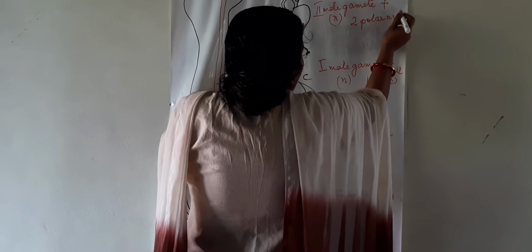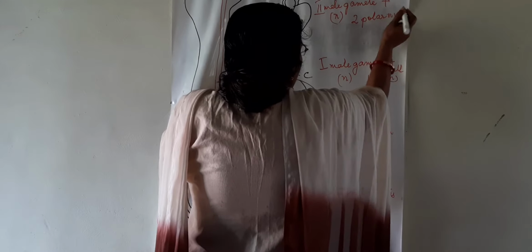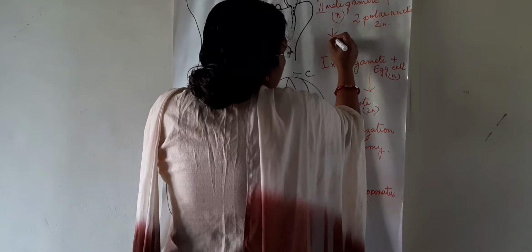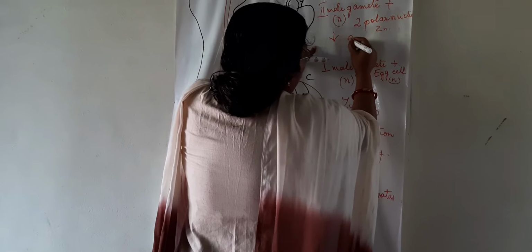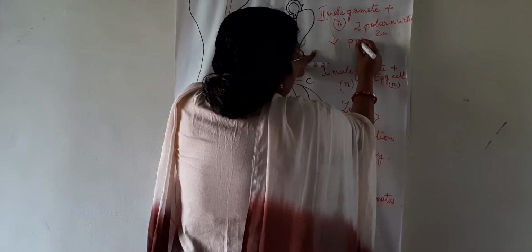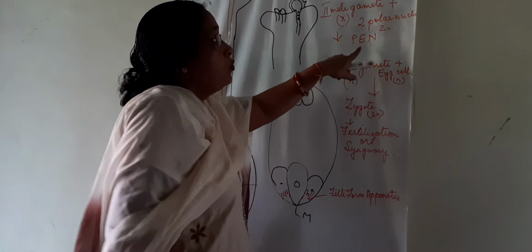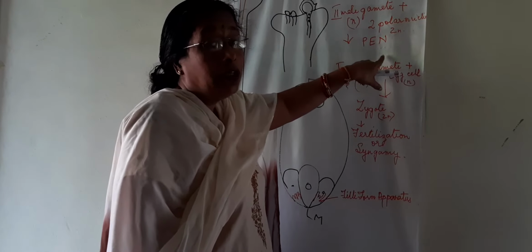Polar nuclei are also haploid. So that means it is 3N, and this gives rise to the primary endospermic nucleus.